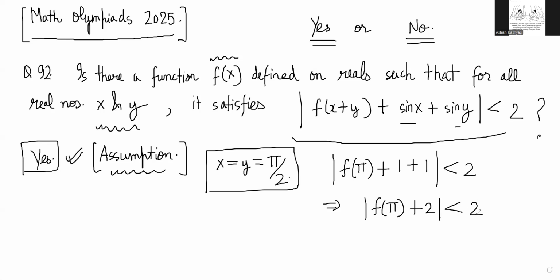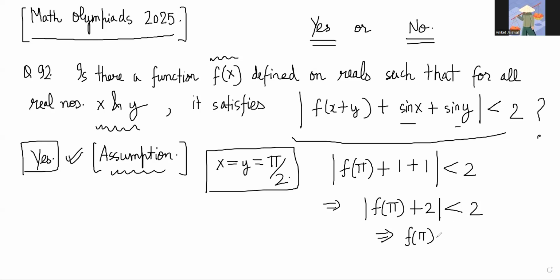This is possible when? What can we say about f of pi from here? It is when f of pi is negative. The only thing we can say is that f of pi is negative here.